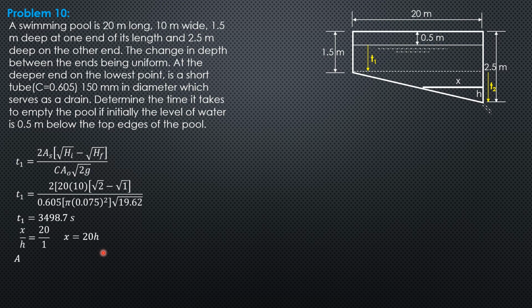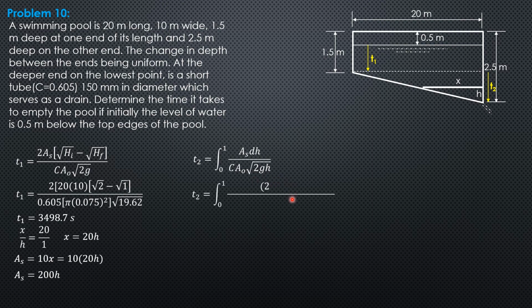Area S is 10 times X, and X is 20H, so area S is 200H. Substitute into the formula: T2 equals the integral of area S dH over C area O square root of 2GH.